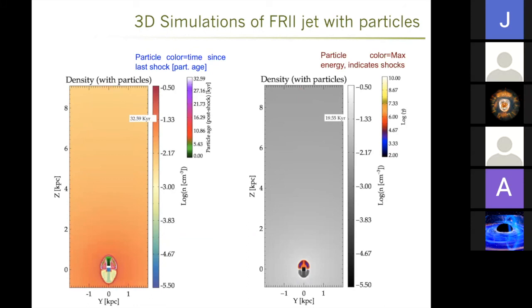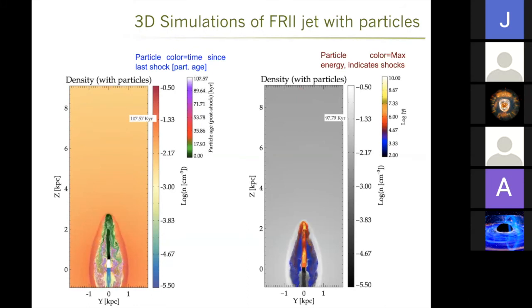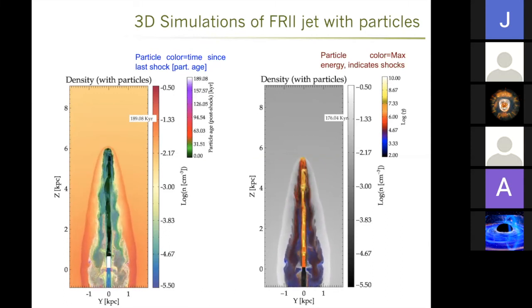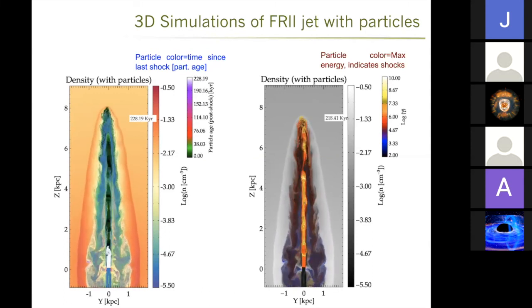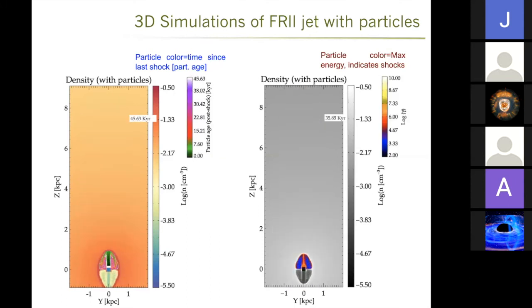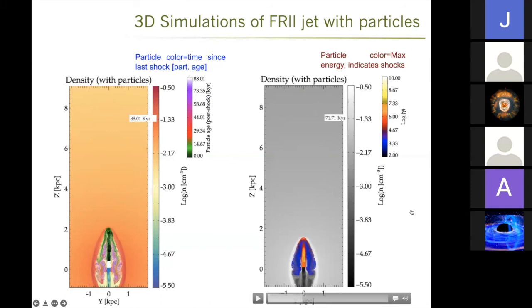For example, the aging of the particles, the Lorentz factor, the energy at a particular frequency, etc. Of course, it all depends on the recipes that you put in the code, but if they are accurate recipes, then you can hope to get out some information.